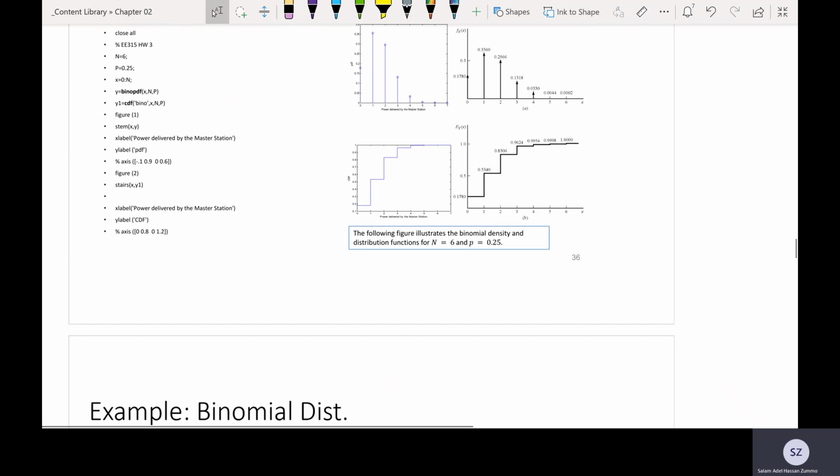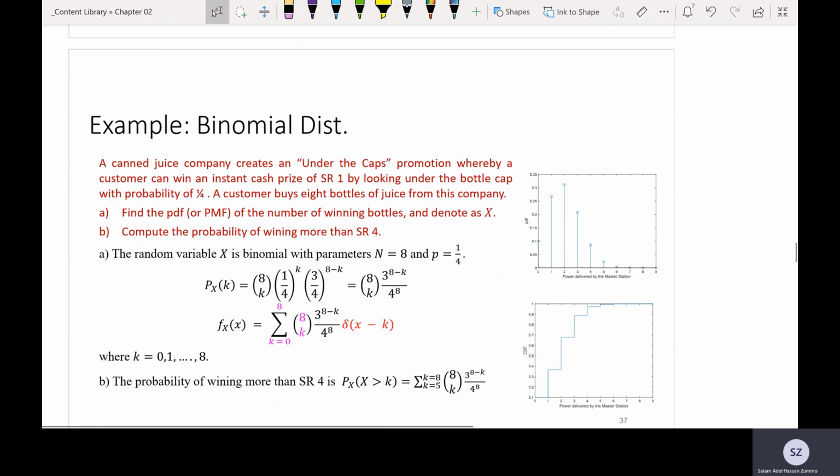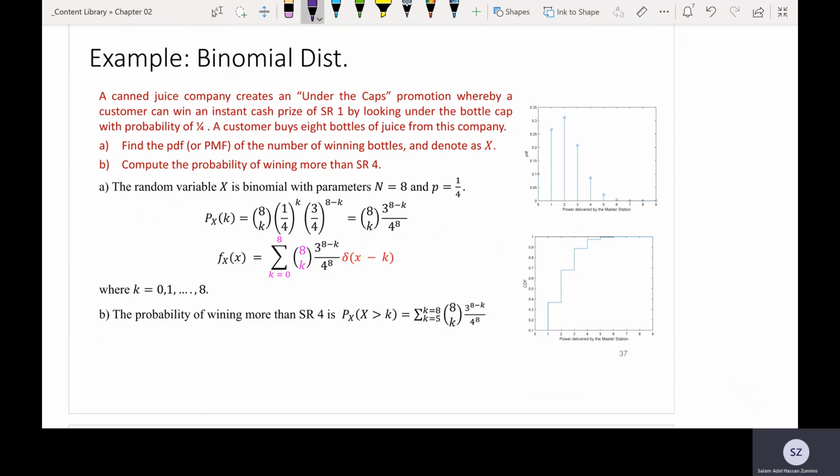Now this is a MATLAB example. Let's have one example and then we'll close. Here we have a canned juice company. There is a promotion: if you open a can, there's a probability that you find a prize. Under the cap promotion, you win an instant cash prize of 1 real if you open it and find it.